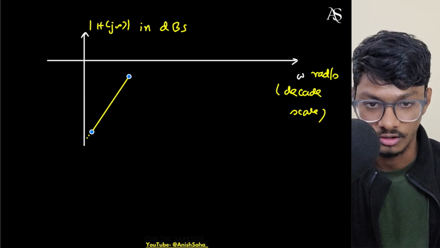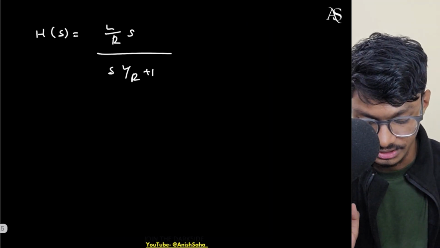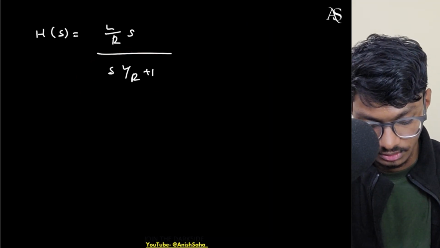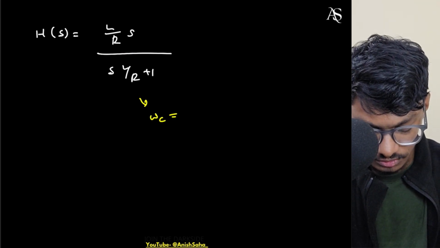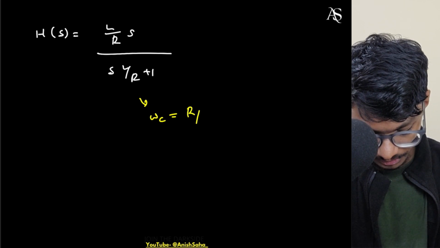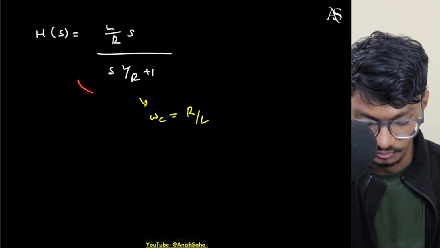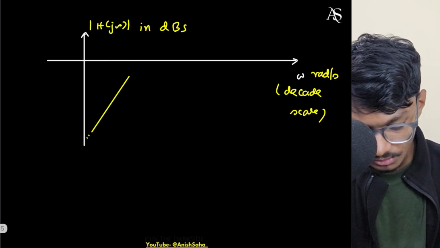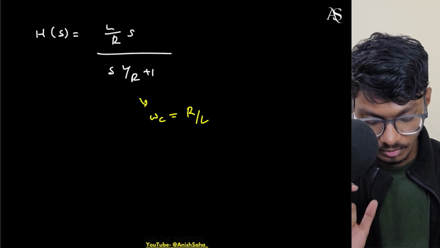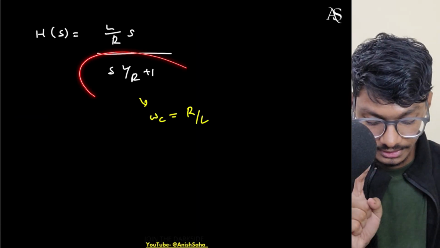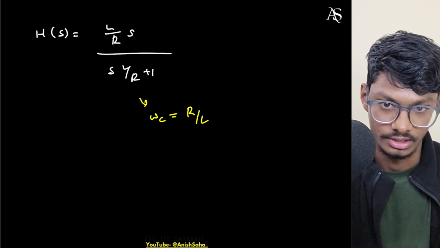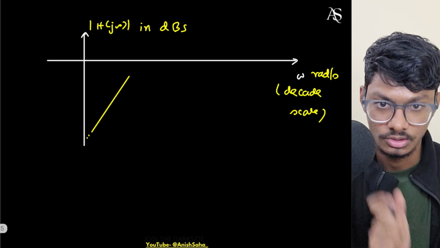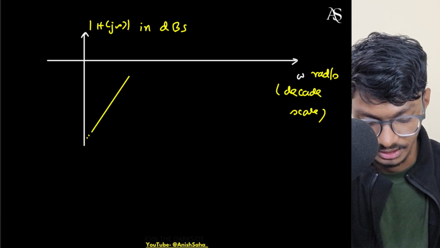Then at corner frequency, what is the corner frequency? The corner frequency is this, right? The pole. Omega c equals to R by L. This is where I get a pole. So here my slope becomes what? This gives a slope of minus 20 per decade, and this is already giving me plus 20 per decade. Overall my slope will become 0 dB per decade, plus 20 dB and minus 20 dB.